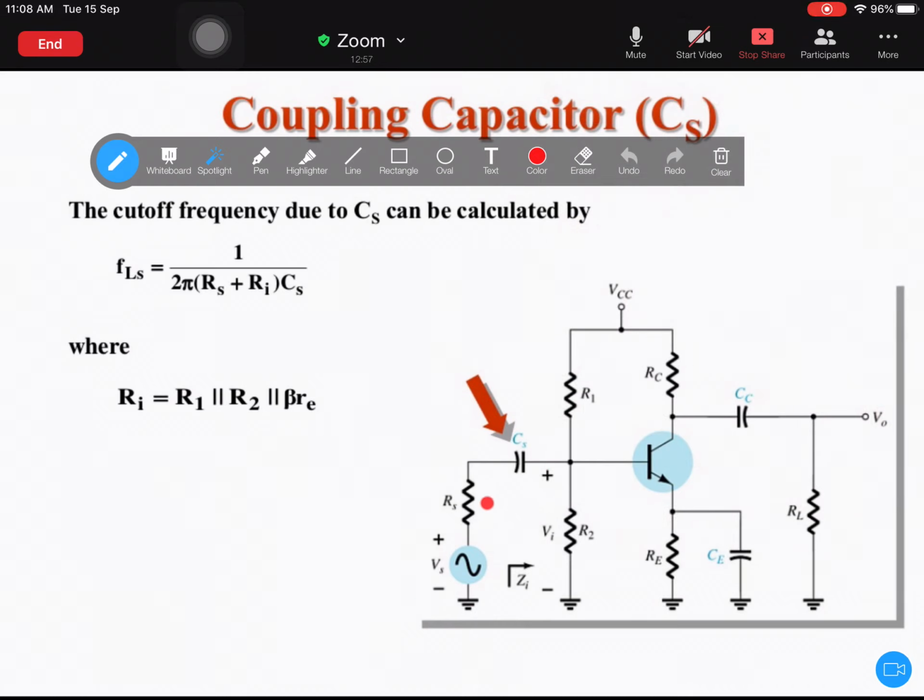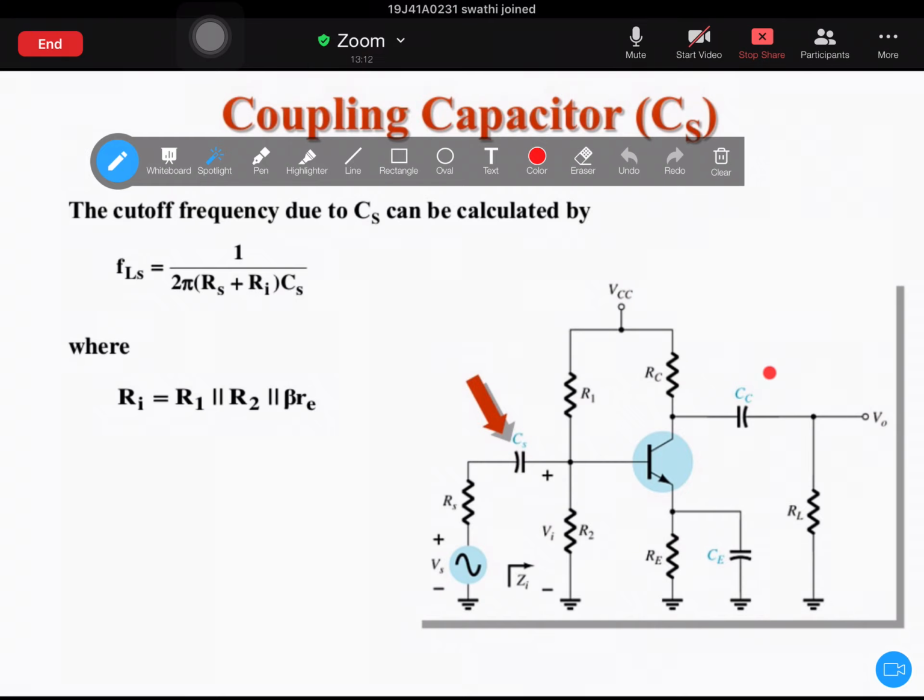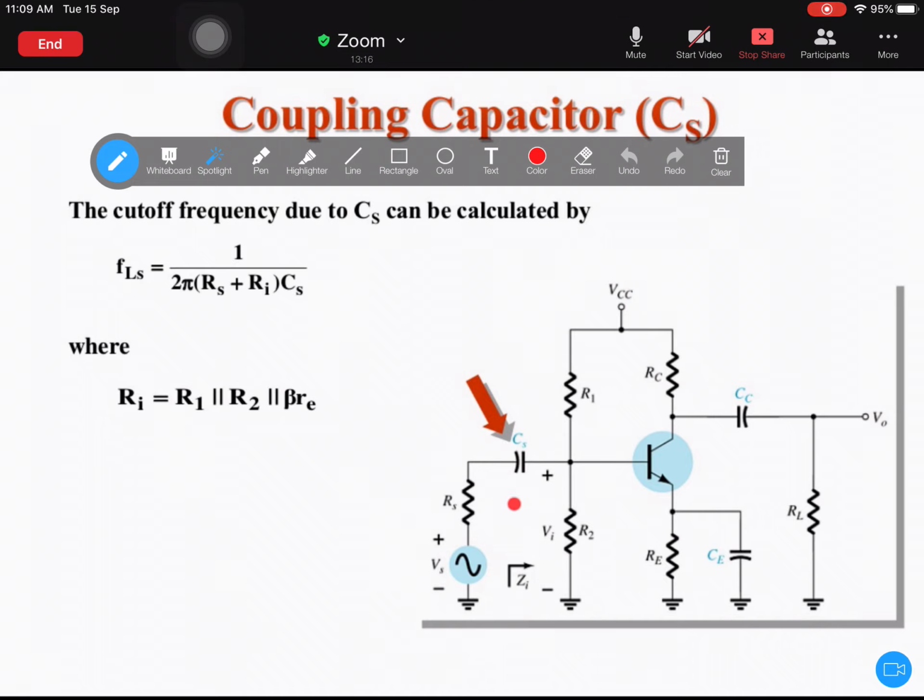You want the signal to be amplified at the output end, and you should not affect the input side circuit. Whatever voltage source you are giving as input here, you should not affect this source by using this DC voltage.